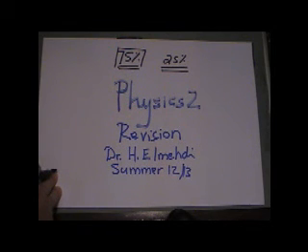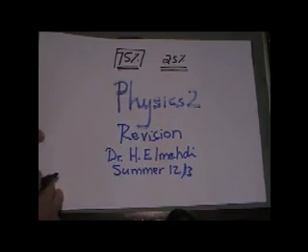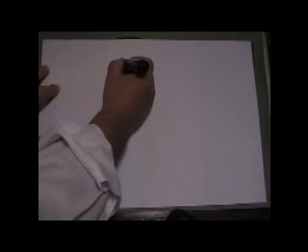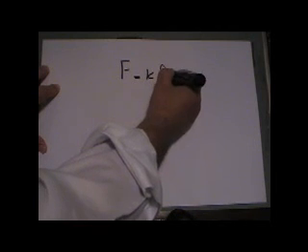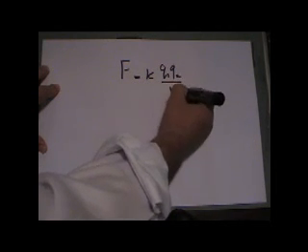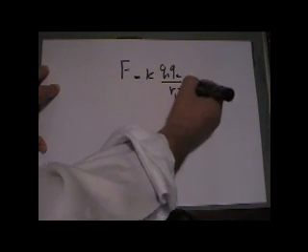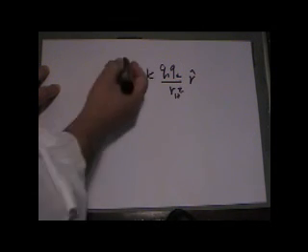So let me quickly remind you of some of the main things you're expected to know from the first part of the course, starting with Coulomb's force. Between two charges, the force is K Q1 Q2 divided by R12 squared, R hat.